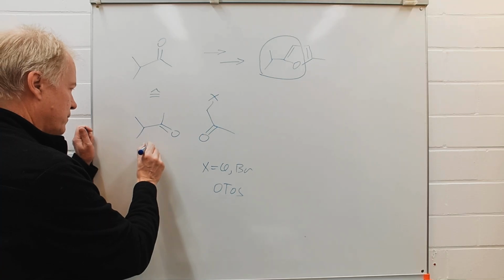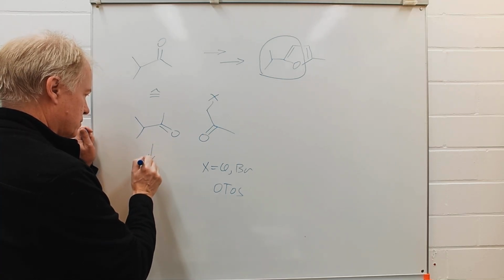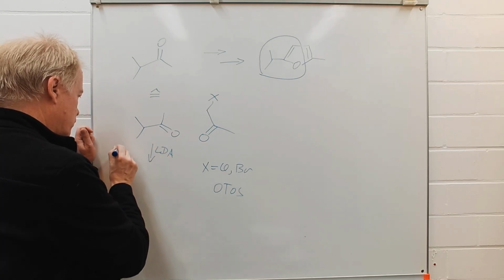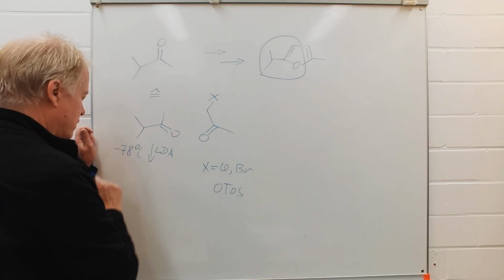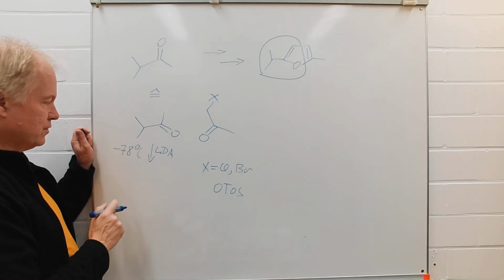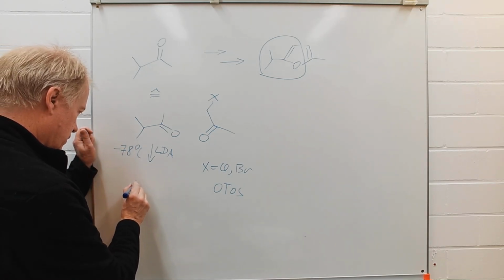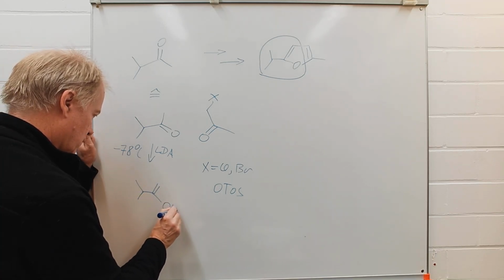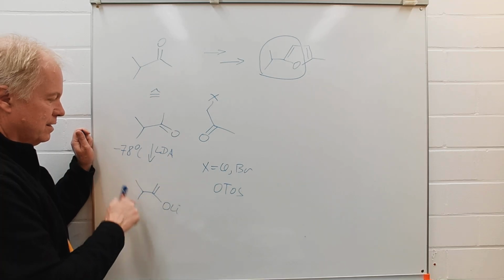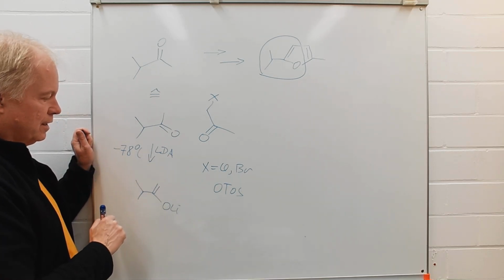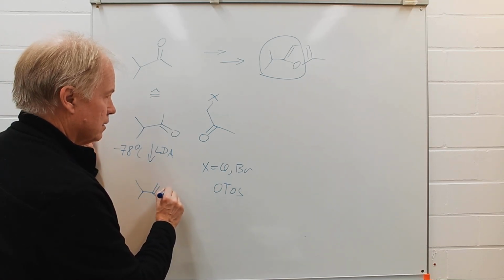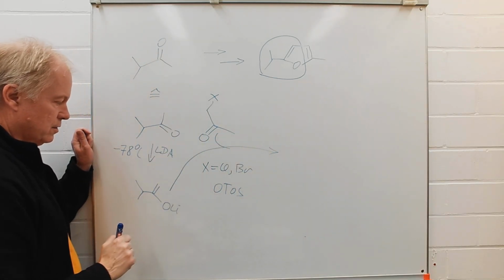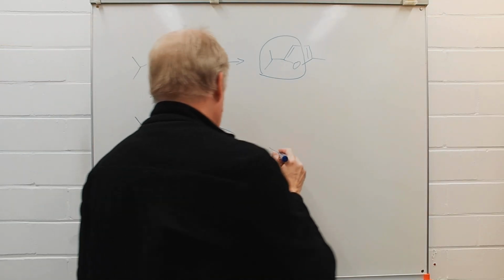So, what we should do then is deprotonate at typically minus 78 degrees, dry ice temperature, and with a sterically hindered base we can selectively form the kinetically preferred enolate, and let this react with the electrophilic component.